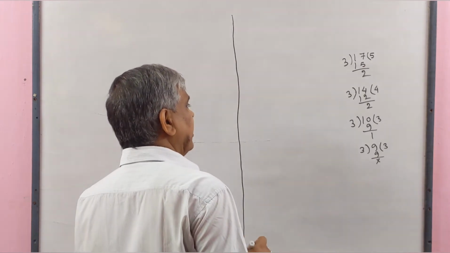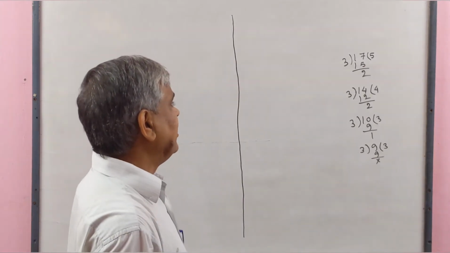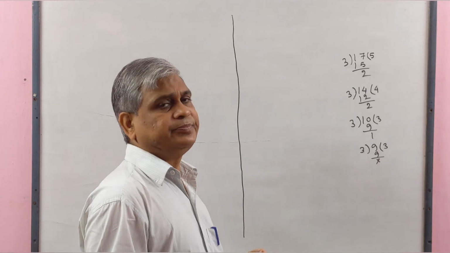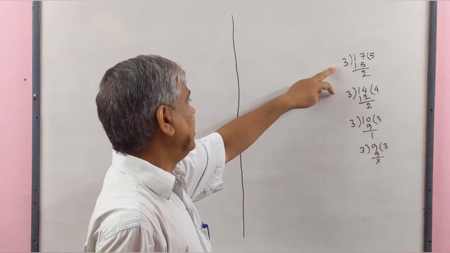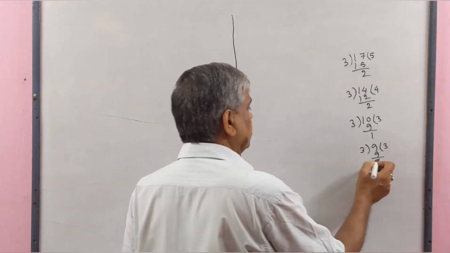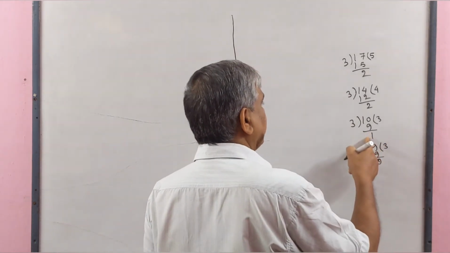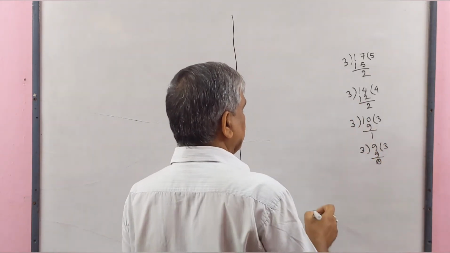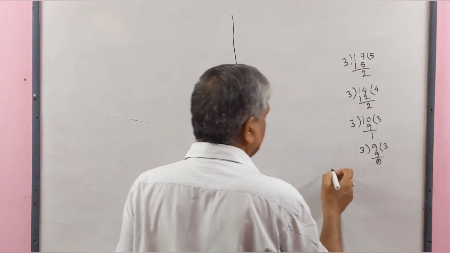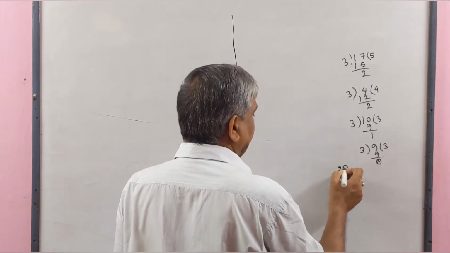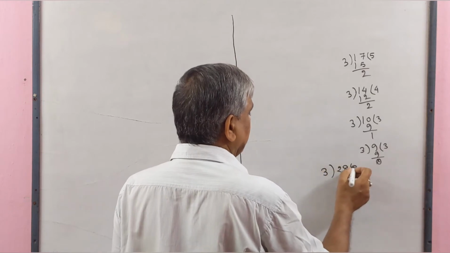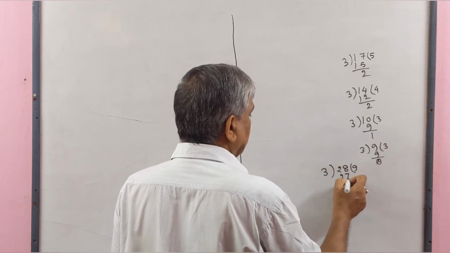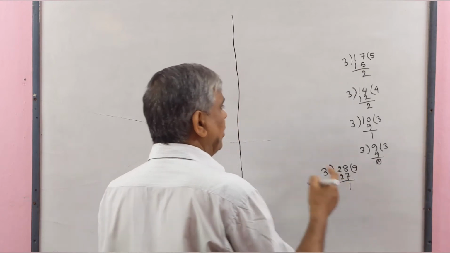And in this way, if we divide any number by 3, we get either remainder 0 or remainder 1 or remainder 2. Let me check 28. If 28 is divided by 3, we get remainder 1.